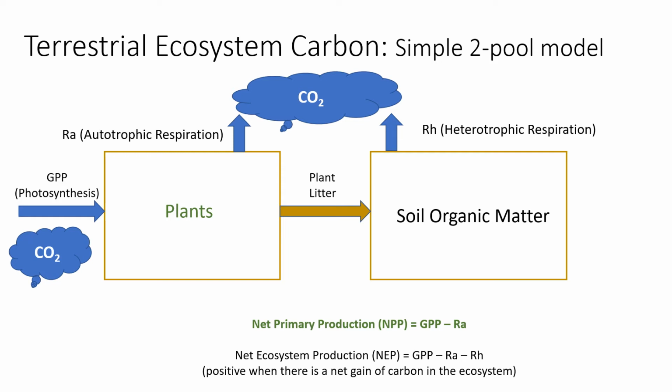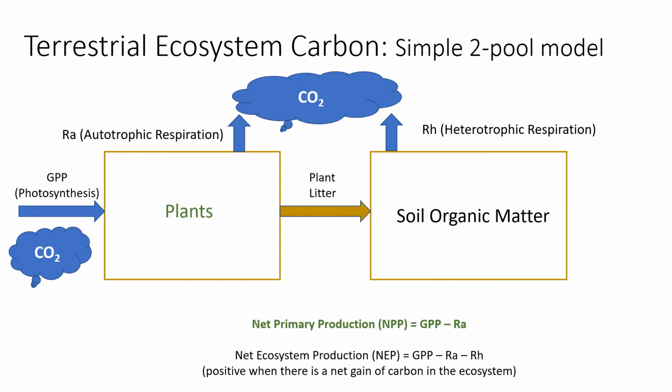And plants can also lose biomass through death, and that plant litter gets transferred to a soil organic matter pool. So all the soil organic matter in the whole ecosystem, no matter what type of soil organic matter it is, is represented in this model as one big box of carbon. And then any decomposition of that soil organic matter is released as heterotrophic respiration.